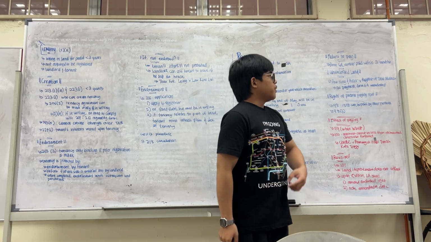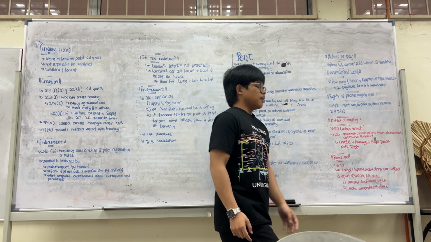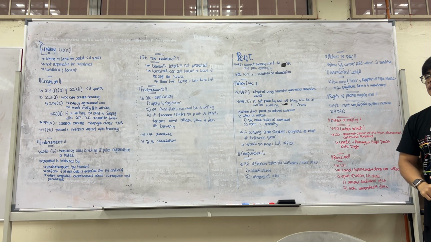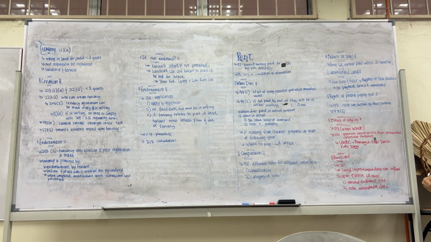Okay, now moving on to this part. What if you fail to pay the rent or are in arrears? When you fail to pay rent, the state authorities will issue Form 6A, and you must pay the arrears within 3 months of the issuance of the letter. However, Form 6A must first be endorsed.